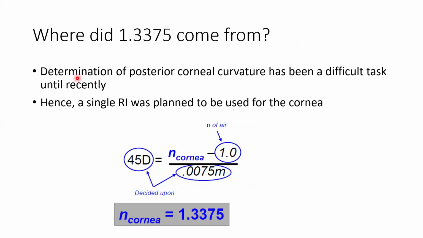Retrospectively, they decided that a 7.5 mm radius of curvature should have a 45 diopter power, and on the basis of that they calculated the refractive index of the cornea, which came out to be 1.3375.